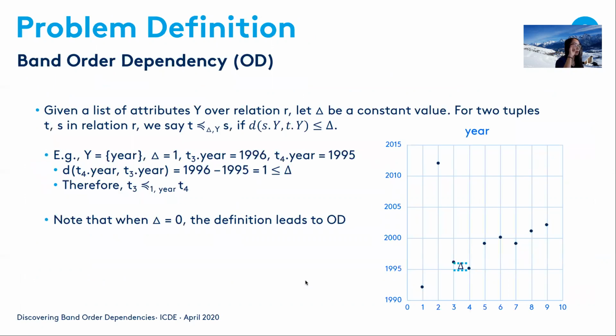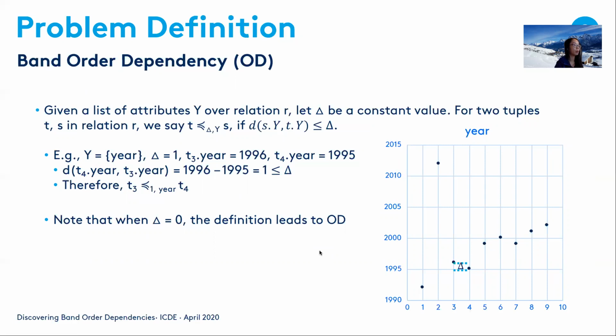Formally, we introduce a new dependency called band order dependency. It specifies that when tuples are ordered increasingly on the left-hand side attributes, in this case catalog numbers, the right-hand side attribute, in our case year, must also be ordered non-decreasingly within a specified bandwidth delta.